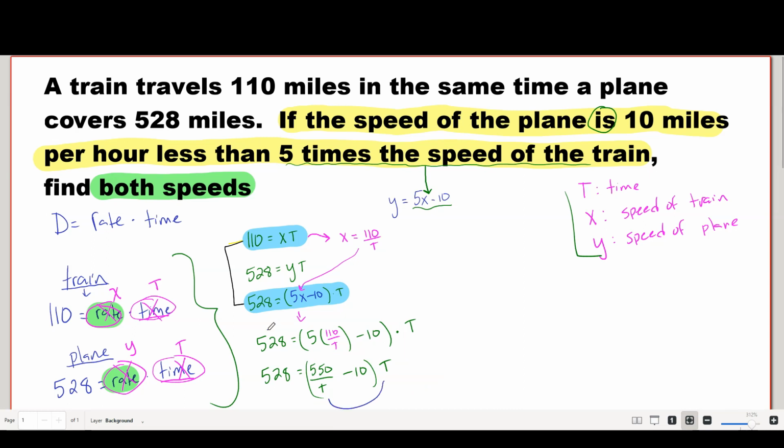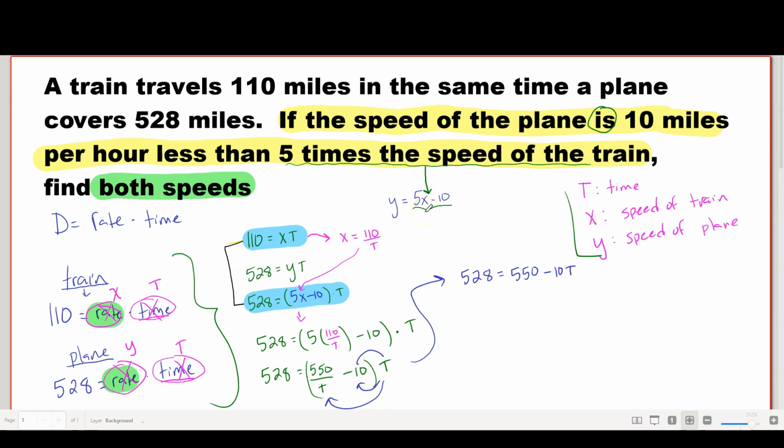Multiply this t in to each term inside the parentheses. I'm going to rewrite my problem up here as 528 equals, we multiply this t by 550 over t. These t's will cancel off, right? So this would equal 550 minus 10t now, because t times 10 is 10t.